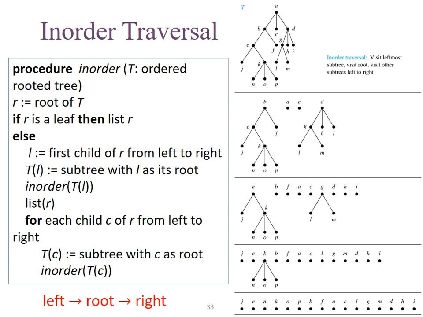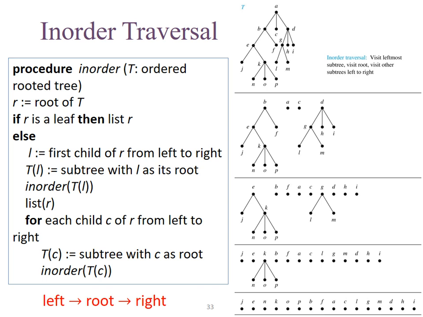Okay, so now we have C. Let's consider the subtree rooted by D. For in order traversal, we need to travel the left subtree first. So after C, we visit the subtree rooted by G, and then D, H, I. Right? So now we can apply this recursive algorithm again to the subtrees.